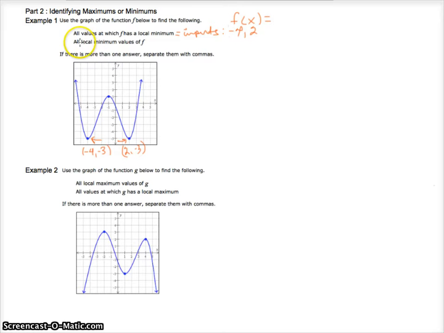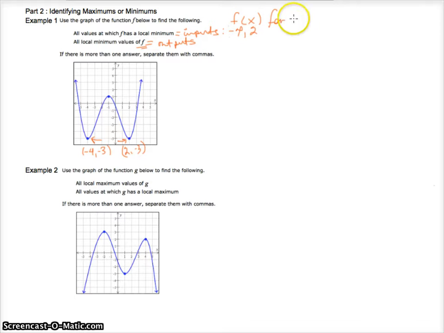And then if we look at all the local values of f, just what f is, not all the values at which, just what happens when I look at the values of f. So f of x is going to give me, when I put x in, the values for f. So these are going to be my outputs. Okay, so f of x is my outputs, and then x is my inputs.